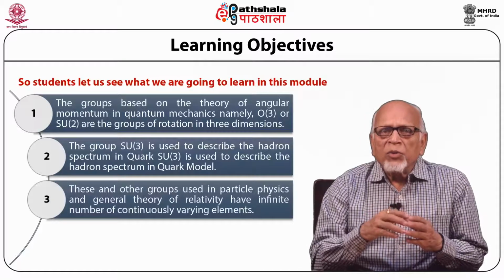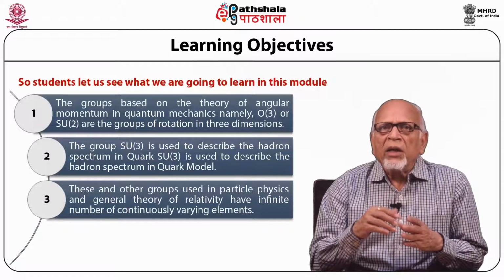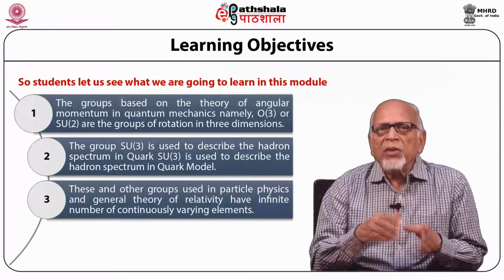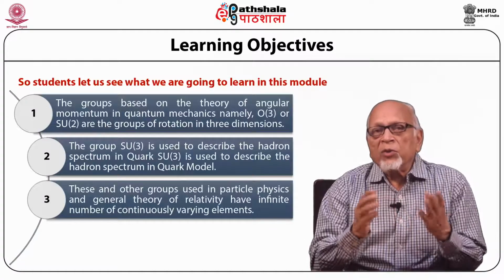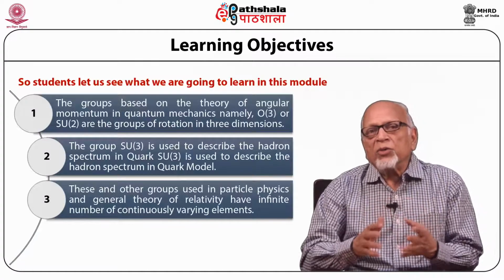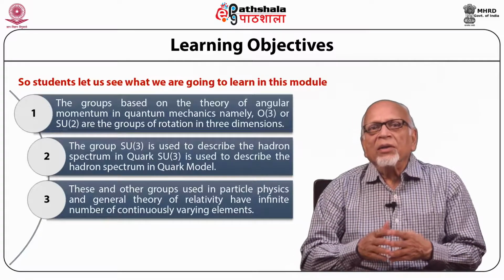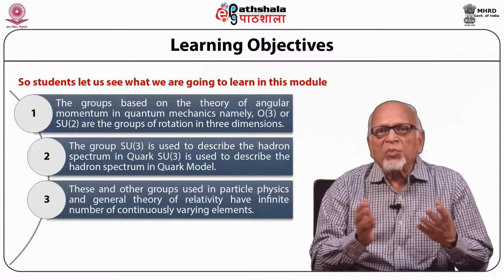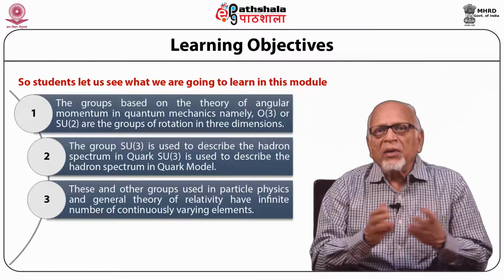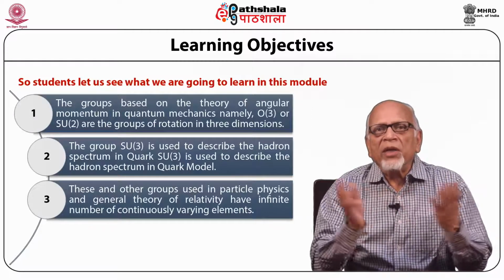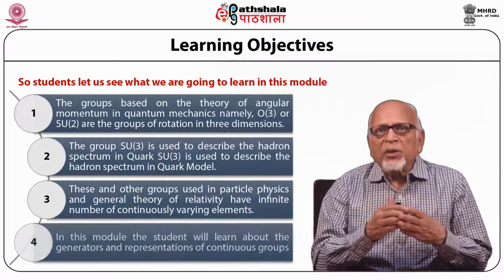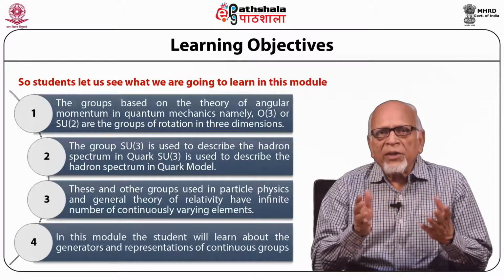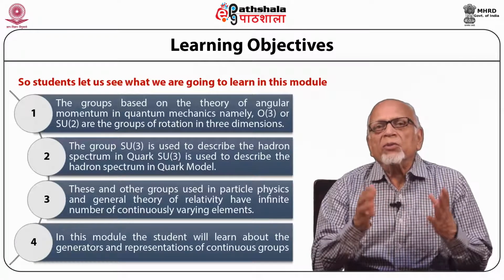These and other groups used in particle physics and general theory of relativity have infinite number of continuously varying elements. That is, the groups like SU2, SU3, SU5 have applications in particle physics. You will further learn in this module about the generators and representations of continuous groups.